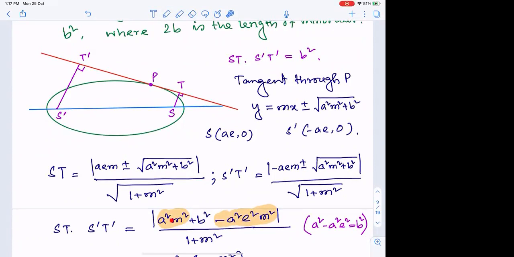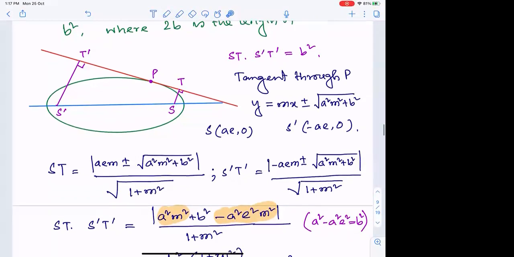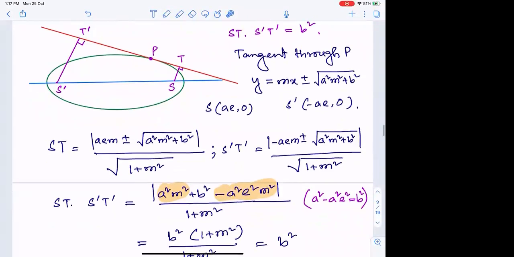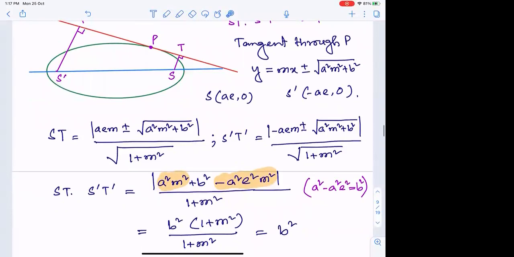Now we know a square minus a square e square is b square. Taking m square common, we get b square, and already we had b square, so the numerator becomes b square into 1 plus m square. Hence the product is b square.